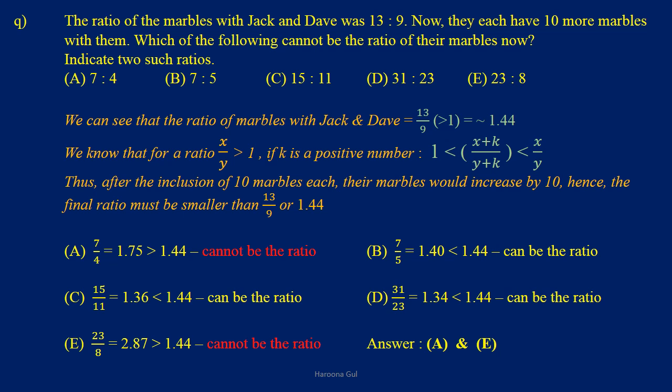C and D are also less than 1.44, so B, C and D can be the ratio of the marbles of Jack and Dave. But if we look at the option E, which is 23/8, it is greater than 1.44, so it also cannot be the ratio of the marbles of Jack and Dave. So our correct answer would be A and E, right?